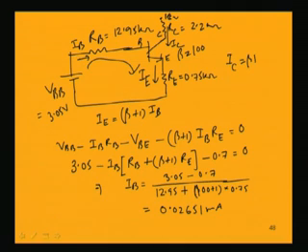IC is equal to beta times IB, and the IE value is (beta plus 1) IB. Putting the values of beta 100 and IB equal to 0.02651, we get 2.677 milliampere. This is IE.